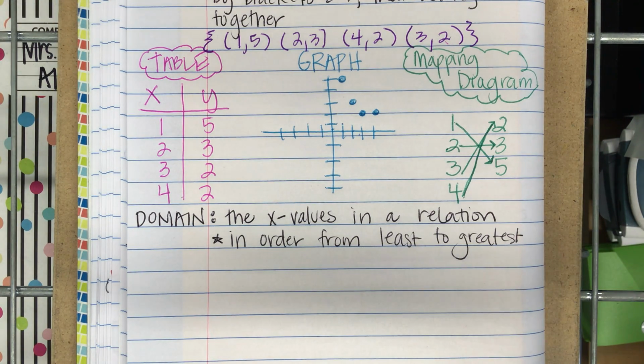So that's one new vocabulary word, right? If I said, what's the domain of this relation, you would look and find just the x values and tell me the x values.